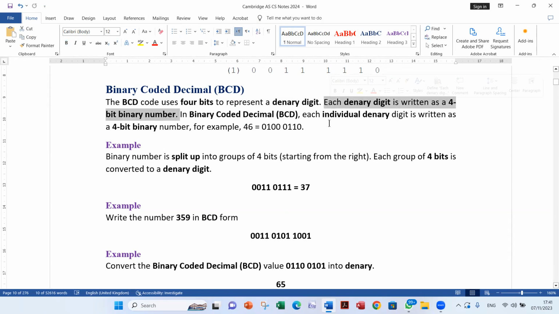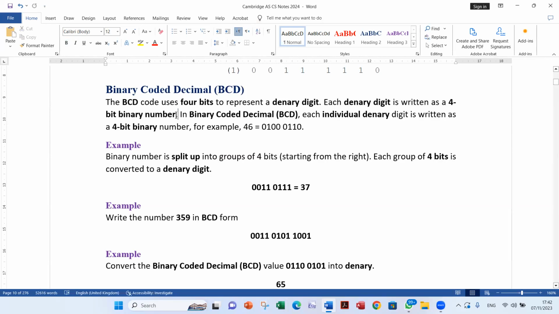To be mathematically correct, it should have been every hexadecimal digit is written as a 4-bit binary number. BCD is treating binary numbers and converting them into denary as if you are converting them into hexadecimal. This is not mathematically correct, but please keep this aside.